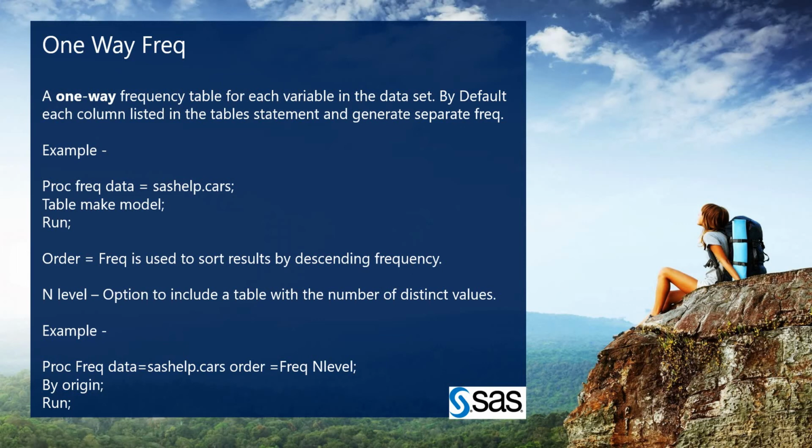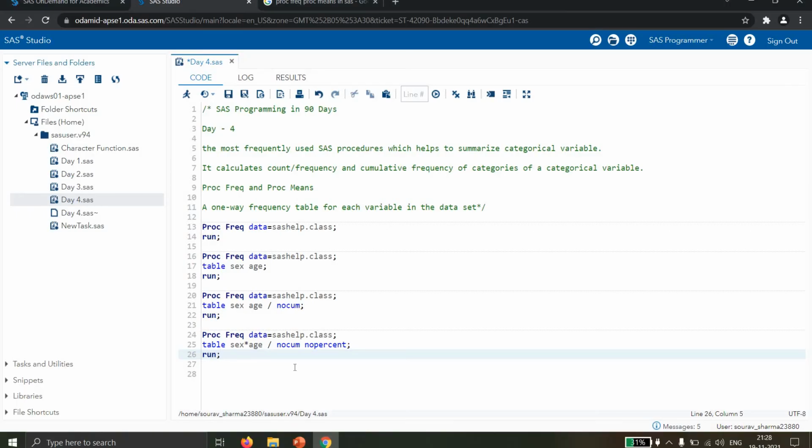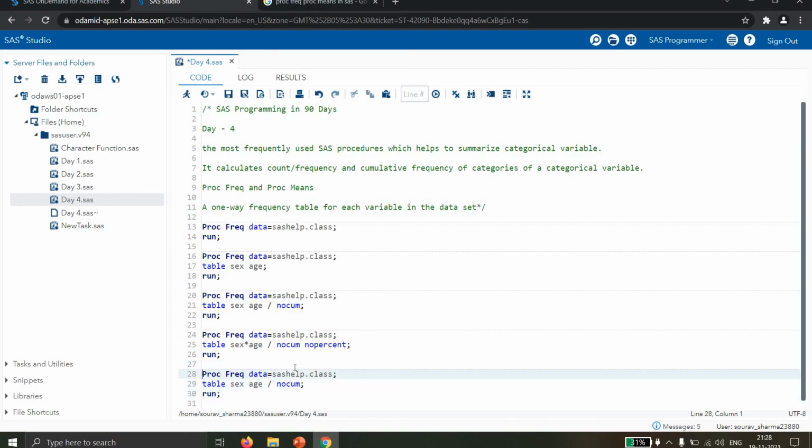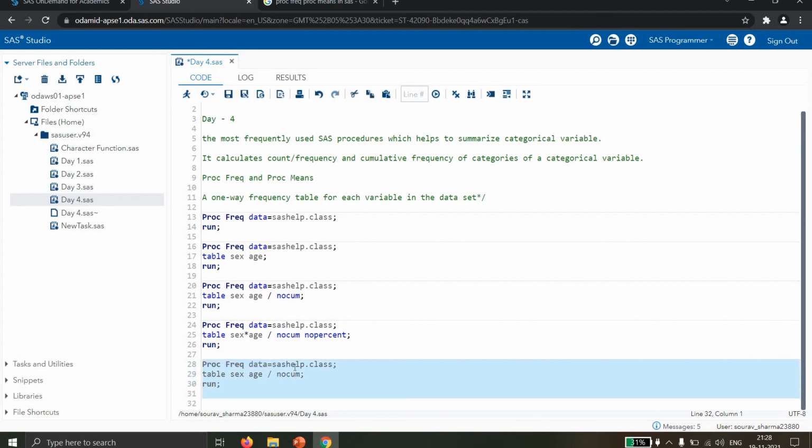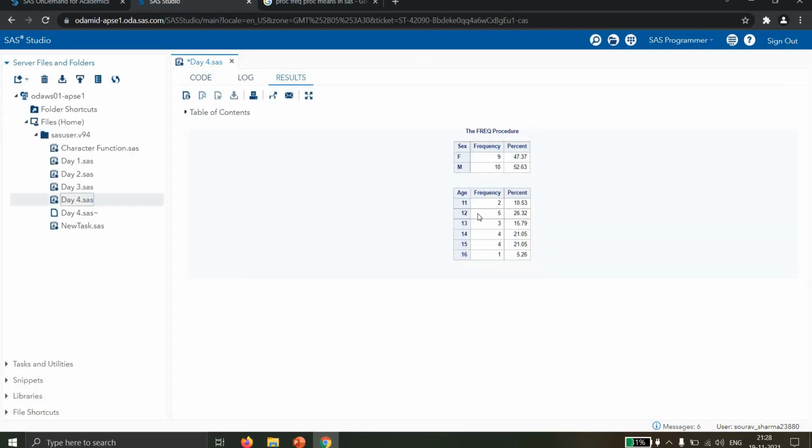Let's suppose I execute this command again. Now it's showing female, the frequency is 9, male is 10, and for age 11 to 12 we have 5.